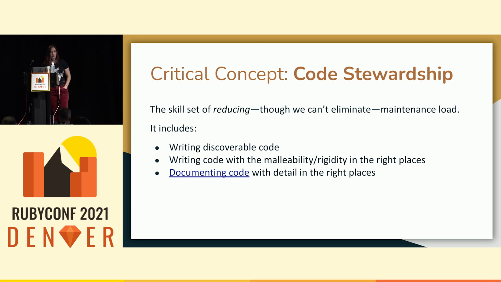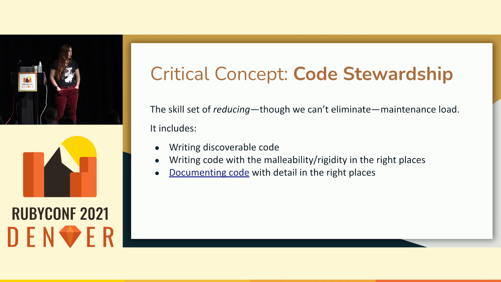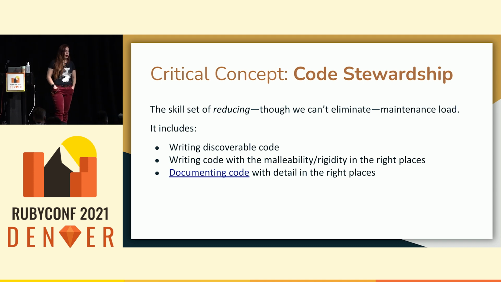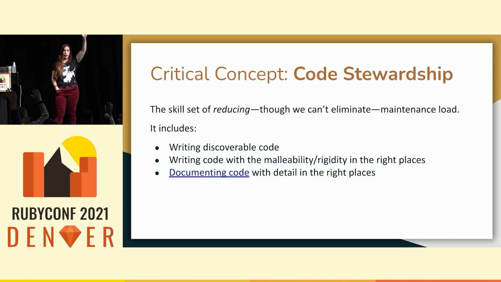Another example of code stewardship might be documenting code with detail in the right places. Show of hands, who's read documentation that did not help you figure out how to use the library you were trying? Yeah, it's most of it. And it's not entirely programming teams' fault. Code stewardship, like I said, is a set of skills that we tend to undervalue, under-incentivize, and under-teach, and that comes with documentation too.